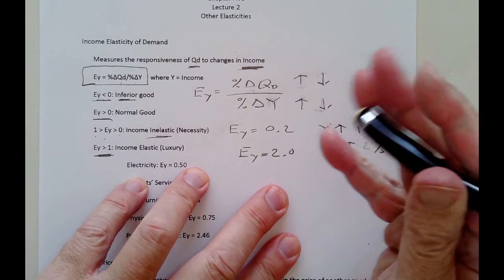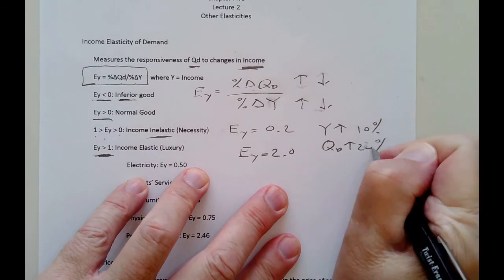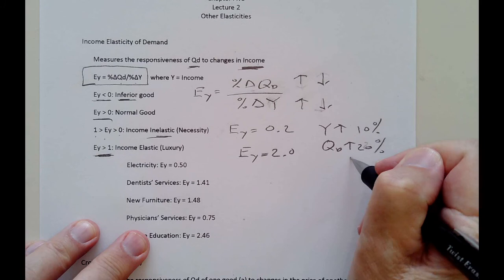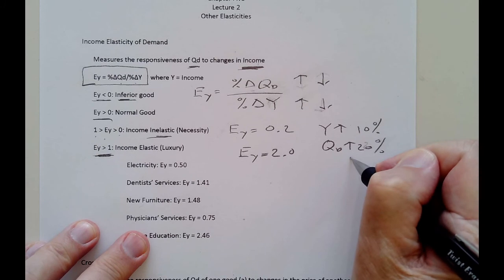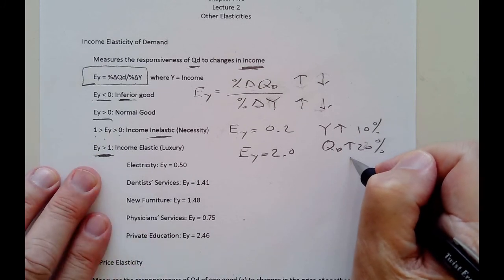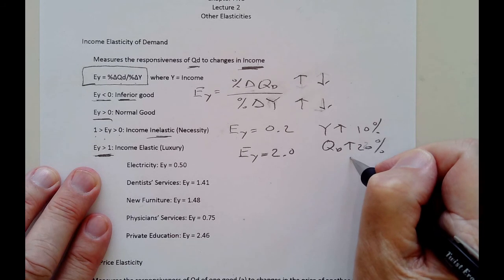Because 20 over 10 would be 2. But also when income goes down by 10%, then you get the reverse as well. Sales go down by 20%. And so numbers that are over 1 tend to be luxuries. We don't need to buy these products when times are good. Then we would go out to more restaurants, go out to the theater, maybe travel, take trips, buy new iPhones, buy expensive perfume, things like that.